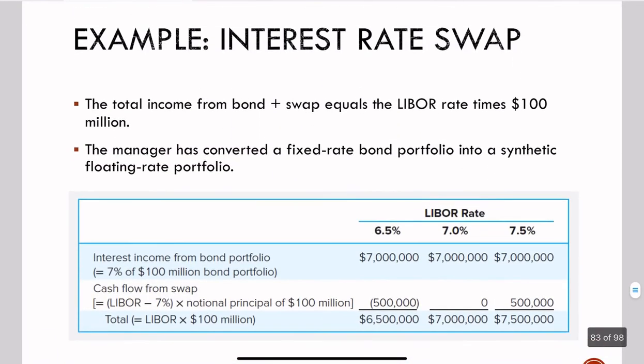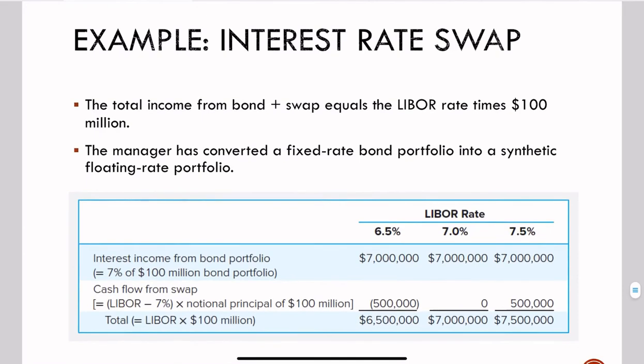Okay, now let's verify you will actually get this market interest rate payment. So let's see what is your income from this bond plus swap agreement, right? Now let's say the market interest rate is 7%.